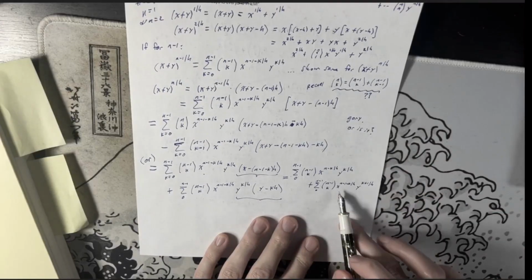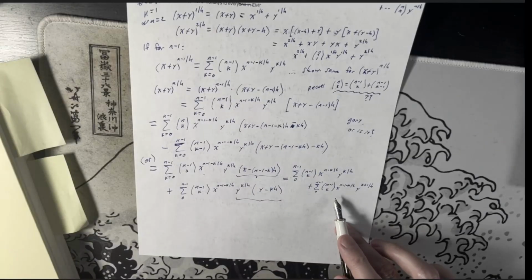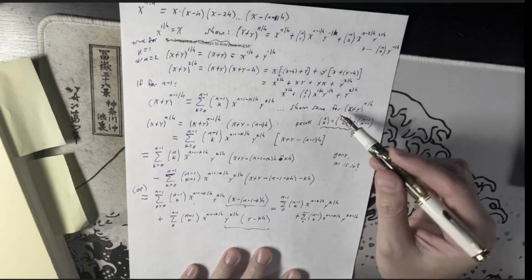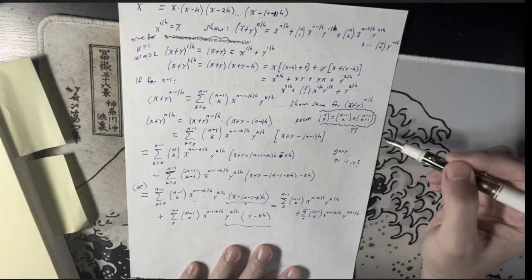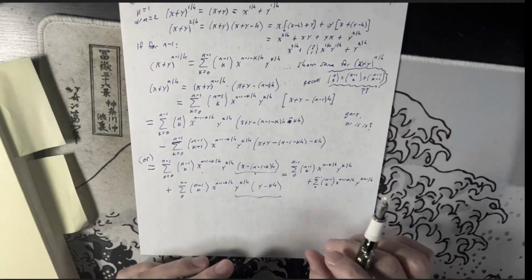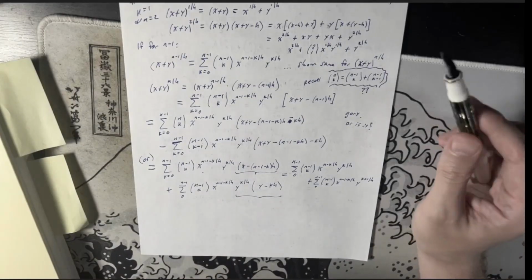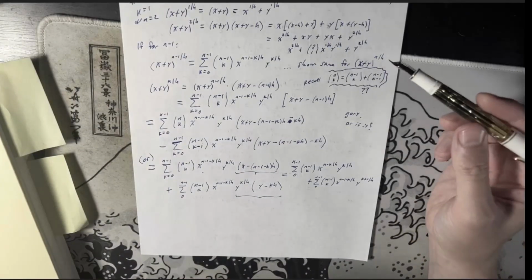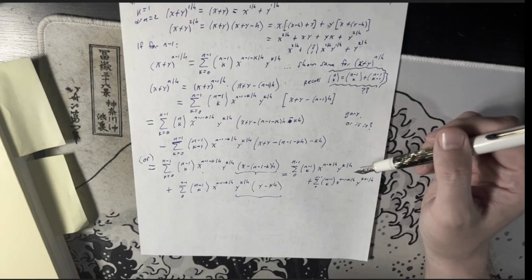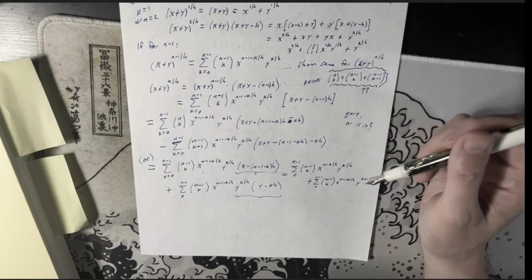Like what I just wrote over here. And then at some point, I'm pretty certain I used this. And then I did a reindexing, and that was about it. So I'm fairly certain you can prove this with induction as well, but it's a lot of symbols.